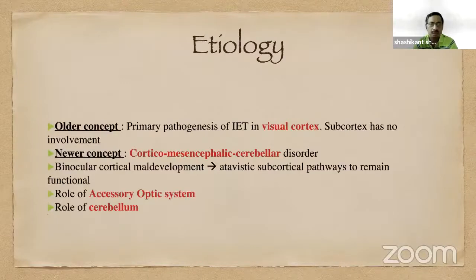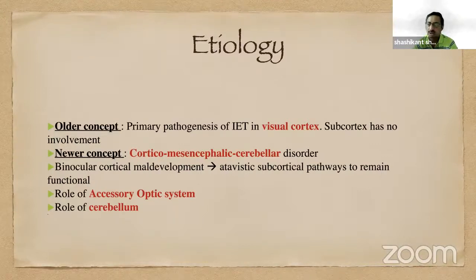The earlier etiology for infantile esotropia was suspected to be in the visual cortex. But now the recent studies by Dr. Brodsky and his group give a newer concept of a corticomesencephalic cerebellar disorder, which says that the subcortical pathways, whose reflexes disappear as the child is born, tend to remain functional in these patients.